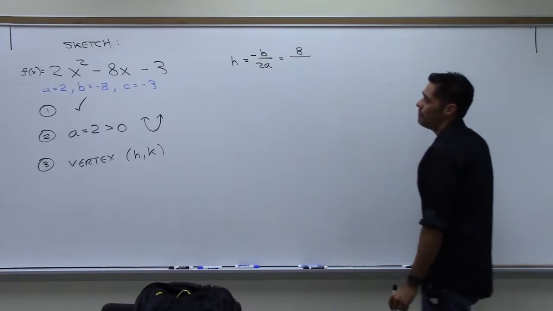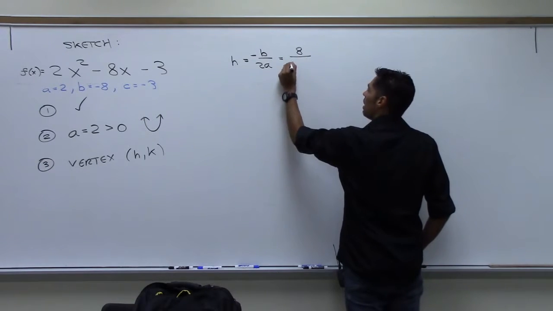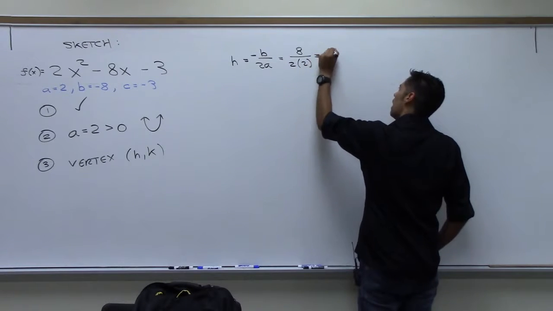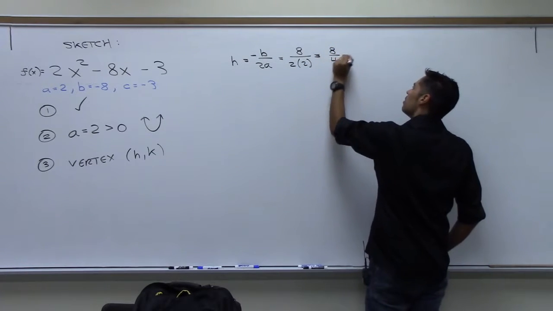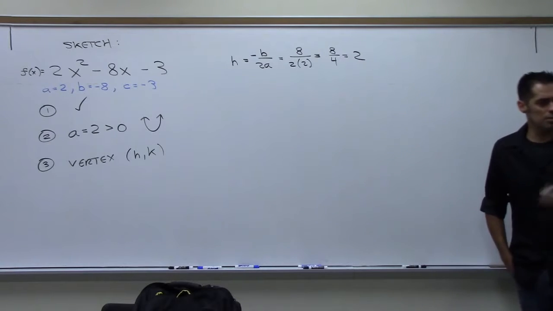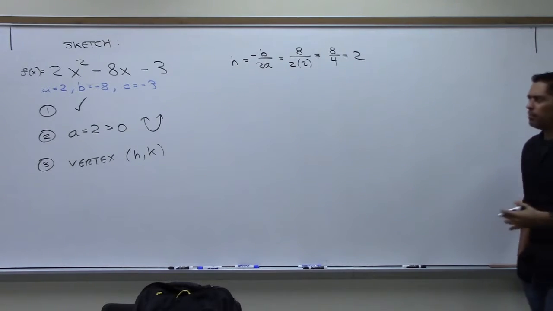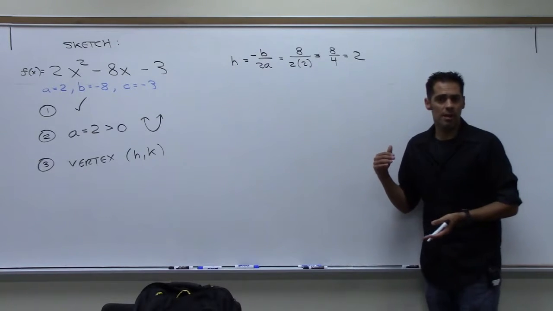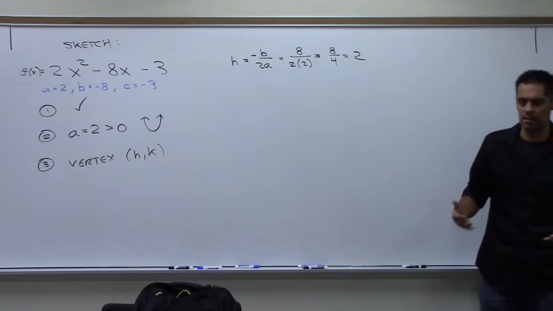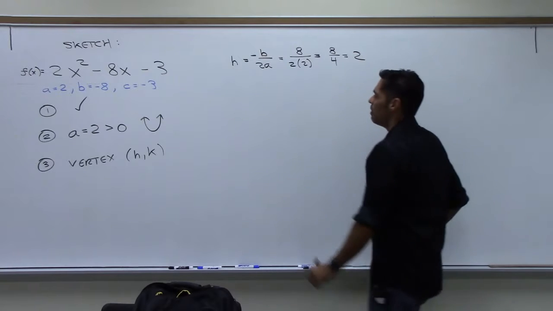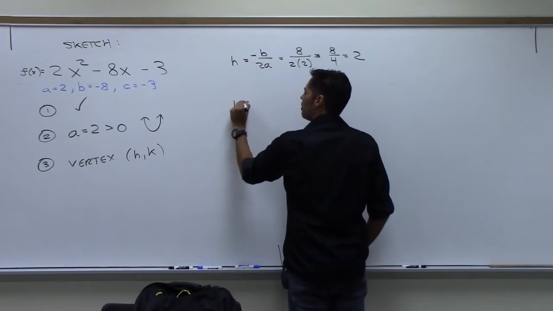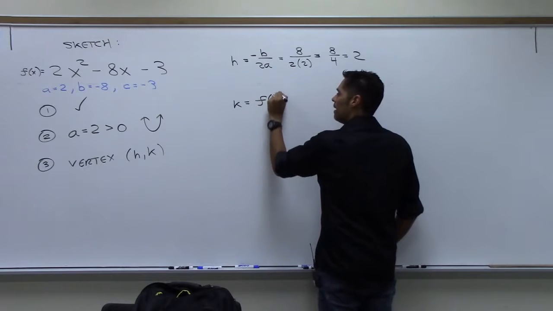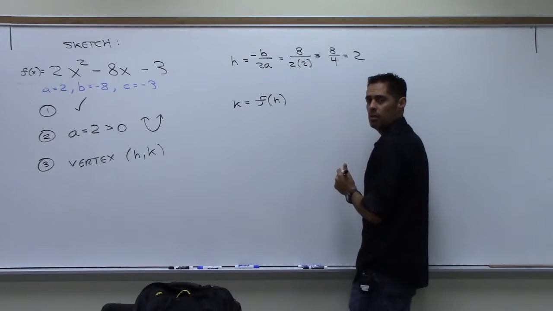Okay, so it's positive 8 over 2 times what? 2, which is 8 over 4, which is 2. Now that's nice, 2 is a nice number. In examples as we move on, be prepared for these to be fractions, all right? And then things get a little bit nasty. All right, how do we find k? And I hadn't ever done an example, right? But I told you all you do is you plug h into the function.